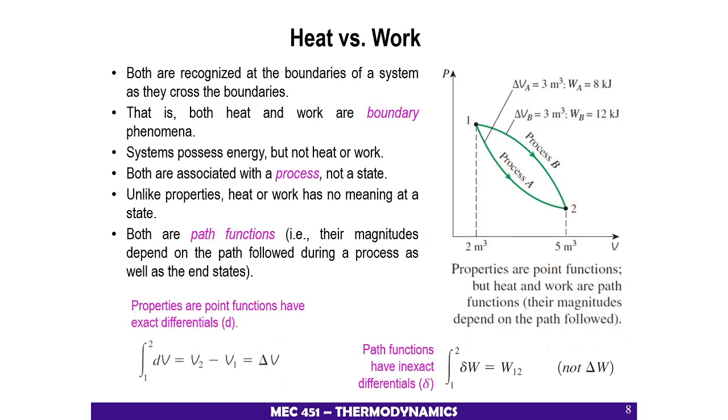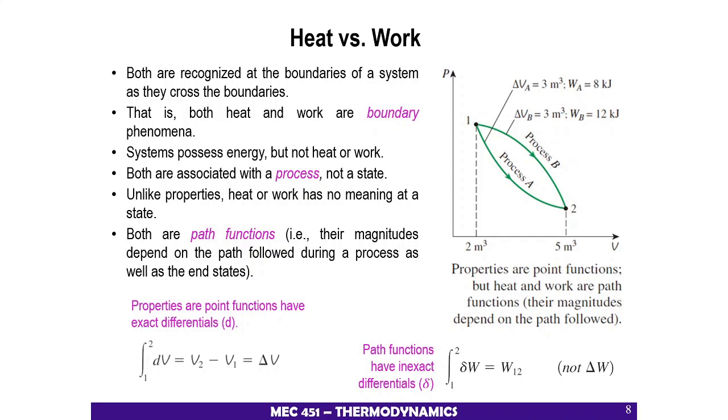Heat versus work. Both are recognized at the boundaries of a system as they cross the boundaries. That is, both heat and work are boundary phenomena. A system possesses energy, but not heat or work. Both are associated with a process, not a state.